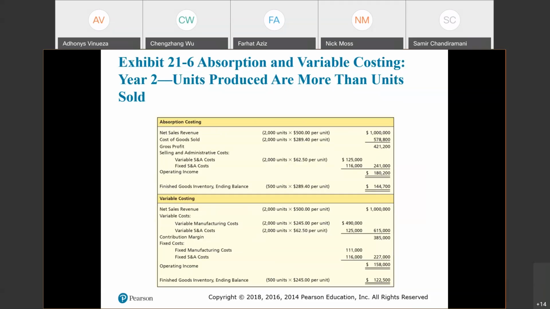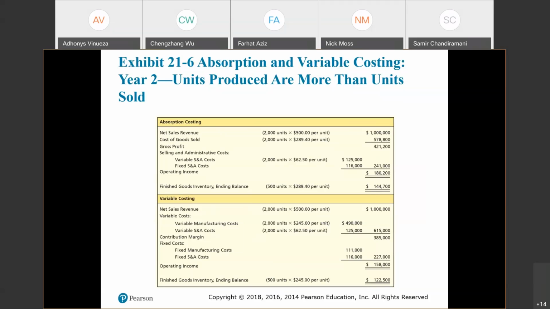Well, same amount of revenue, net sales revenue, but under variable costing, we first of all minus the variable costing, which is $615,000 in total.